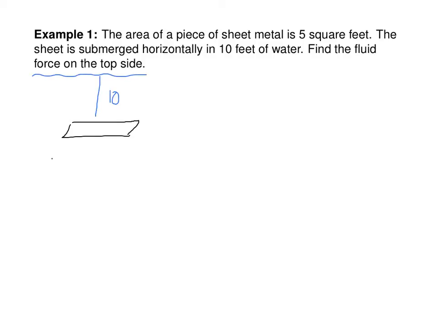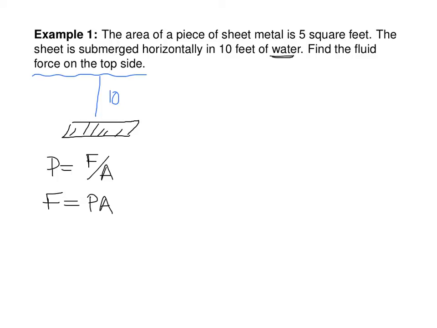Now the pressure is the force per unit of area, so force over area gives pressure, and that tells us that force is equal to pressure times the area. So to find the fluid force on the top side of this 5 square foot sheet of metal, we need to find first the pressure multiplied by the area.